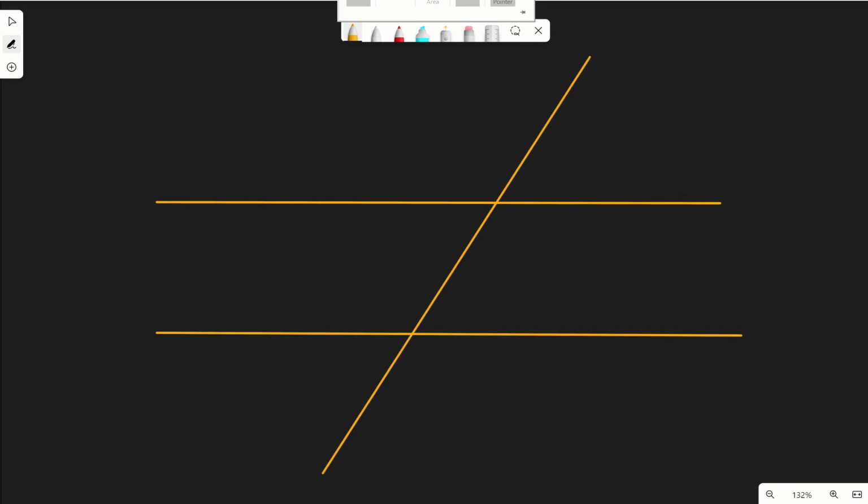I could know that this angle here is 2x plus 20 degrees, and this angle here is 4x degrees. So I know that my acute angle is 2x plus 20. My obtuse angle is 4x. Now remember, when I know my acute and my obtuse, I can add them together to equal 180.